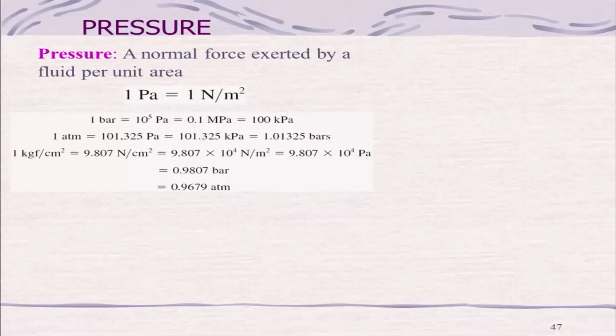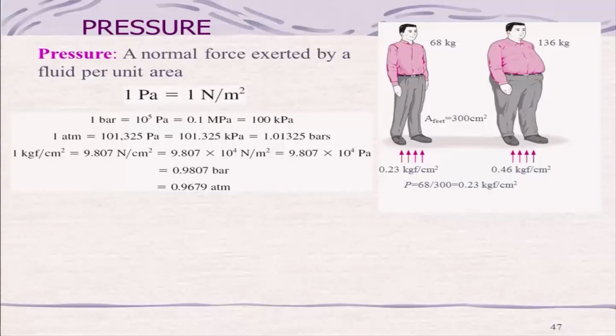Generally, in case of a fluid, that is a gas or a liquid, we talk about the pressure, right. In case of a solid, suppose I am applying a force on a solid per unit area, what do we call it? We call it stress, right.